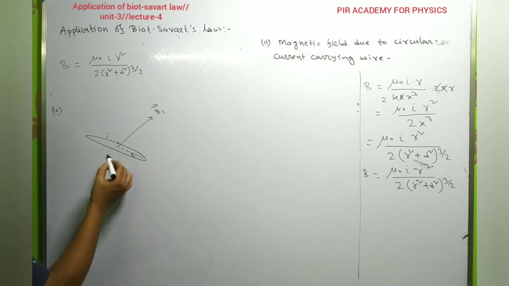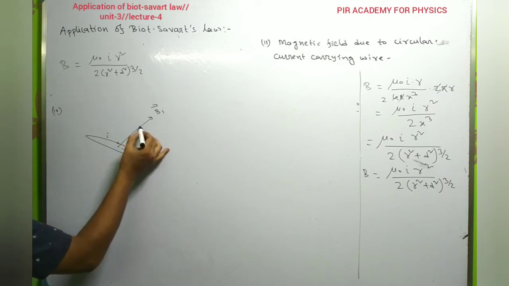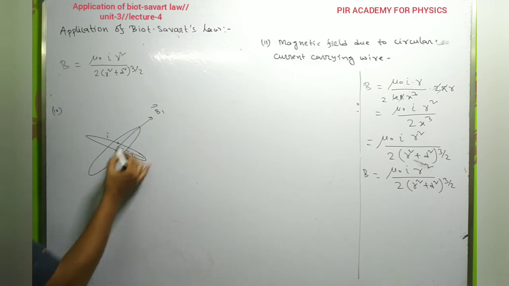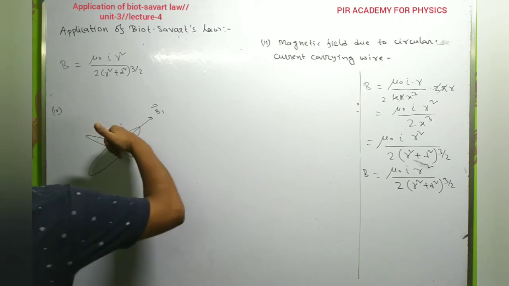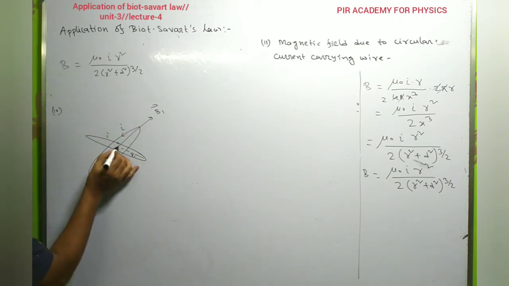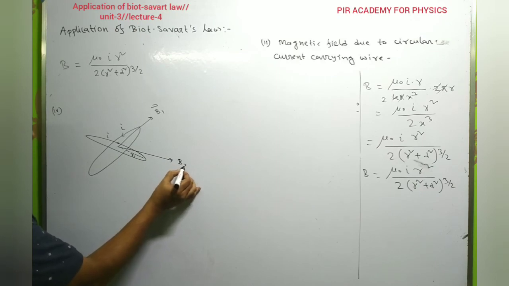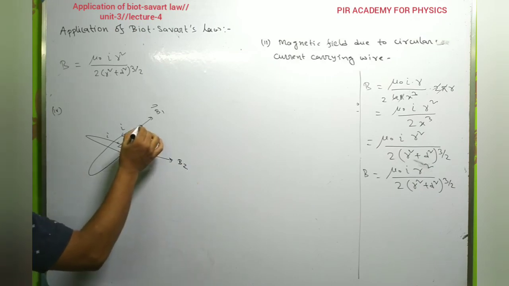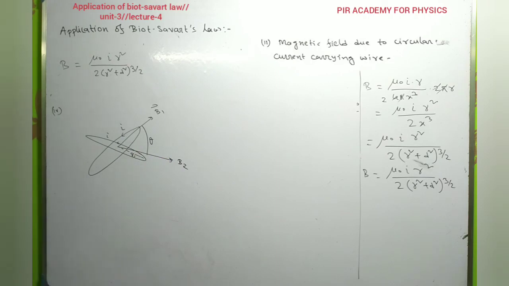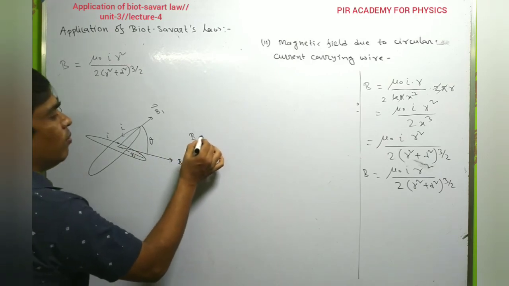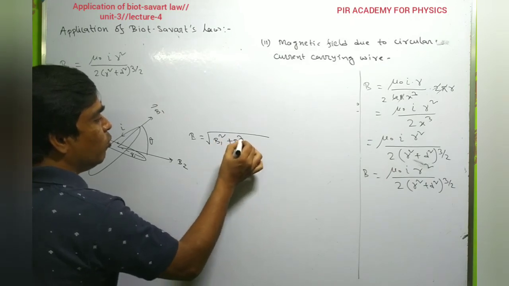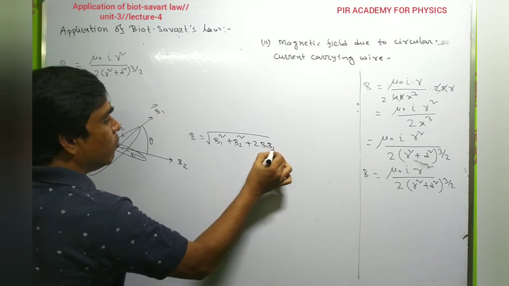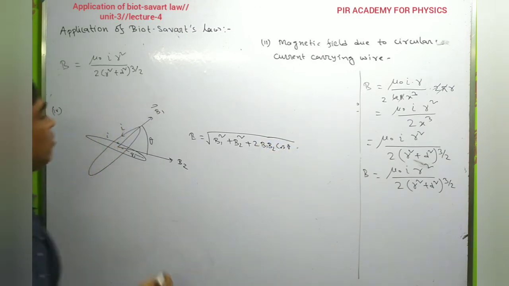And if you take another concentric loop with current direction along this direction, it will be along this direction. This will be B2, and suppose the angle between them is theta. So the magnetic field will be root over B1 square plus B2 square plus 2 B1 B2 cos theta. In this way you can calculate the magnetic field.